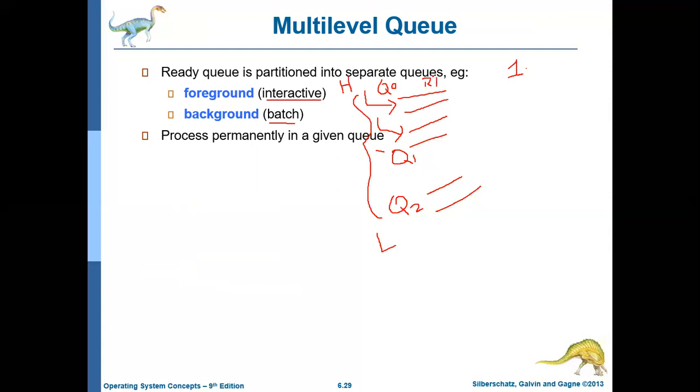Only when Q0 is empty, the operating system will start executing the jobs in Q1. Similarly, the jobs in Q2 will be executed only if there are no jobs in Q0 and Q1. Right? So this is one way of scheduling.